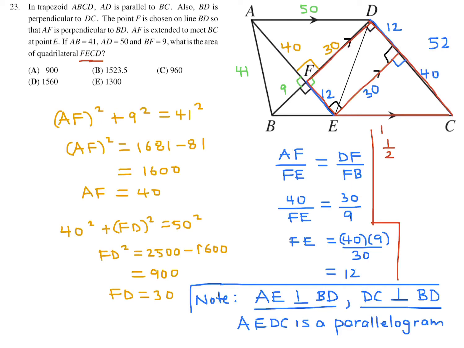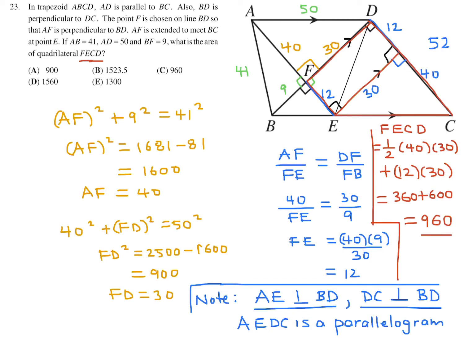So this is FECD. 1/2 base. The base you can write as 40. The height you can write as 30. Either way, it doesn't matter. Add to that the area of the rectangle, which is just 12 times 30. And that will give you the full area. And that becomes 360 plus 600, which is 960. So there you go. 960, number 23, answer is C.